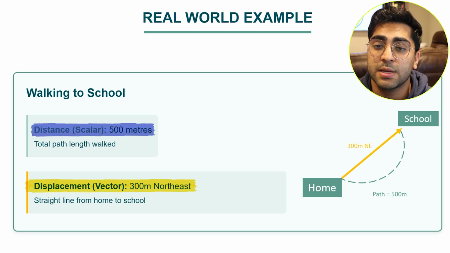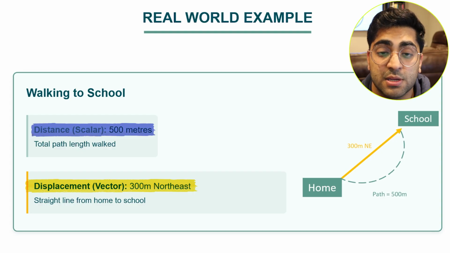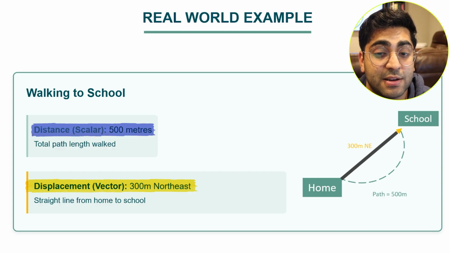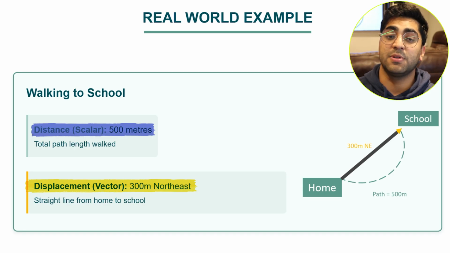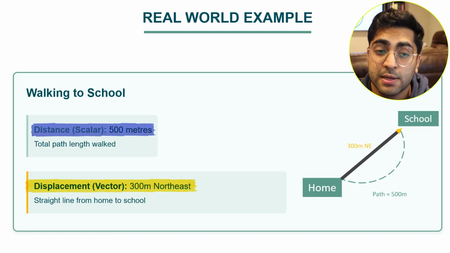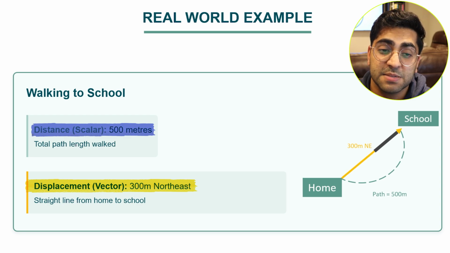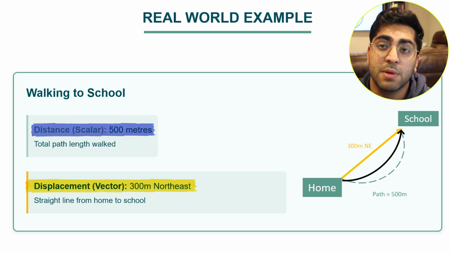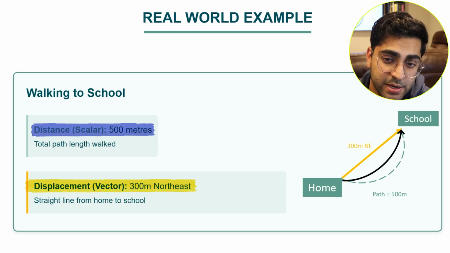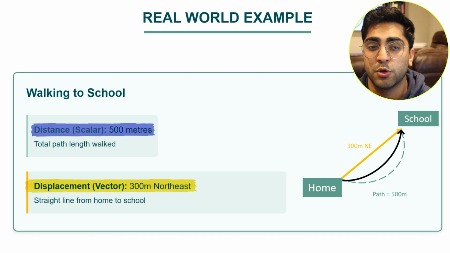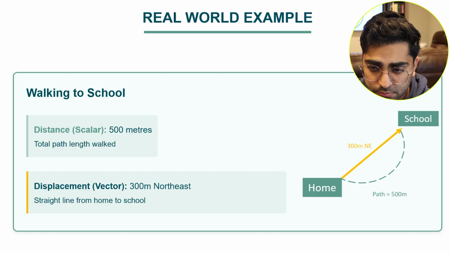This might not be the same as your distance. The exact straight-line distance between your house and school is what represents the displacement, whereas the path that you take, which may not be straight, is your total distance traveled to school.